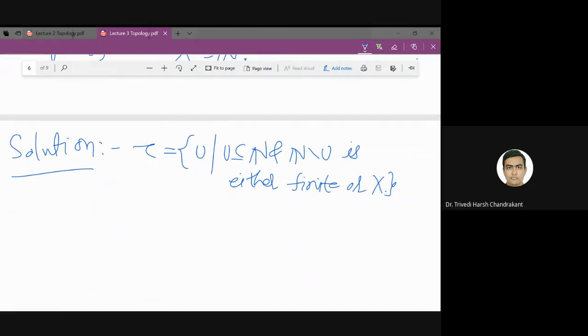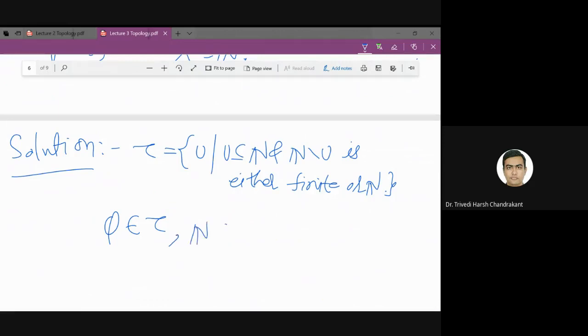The first thing is obviously phi belongs to tau, because it is a topology, which we have already verified.